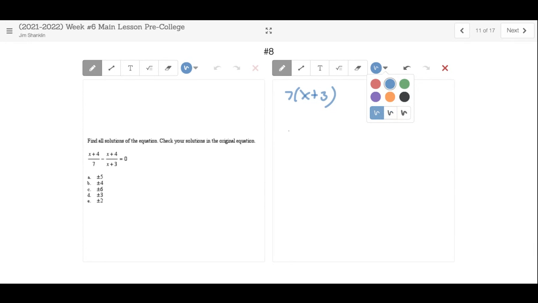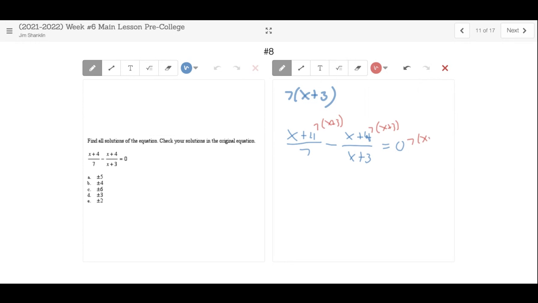Okay, so I've got x plus 4 over 7 minus x plus 4 over x plus 3 is equal to 0. Now that 0 is going to make it easy because anything you multiply by 0 is going to be just 0. So now I'm going to multiply every term by 7 times x plus 3.